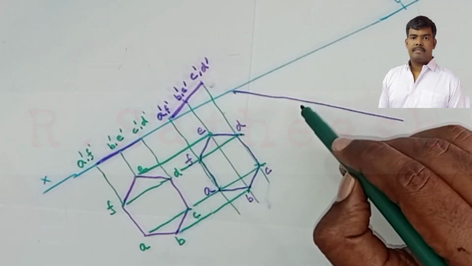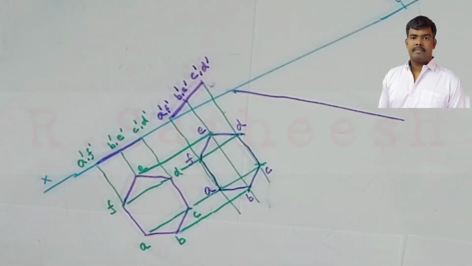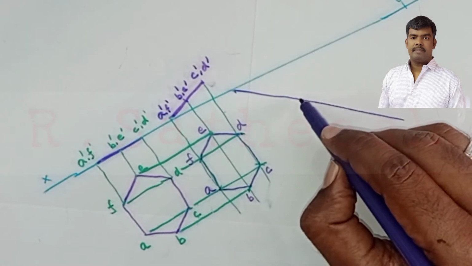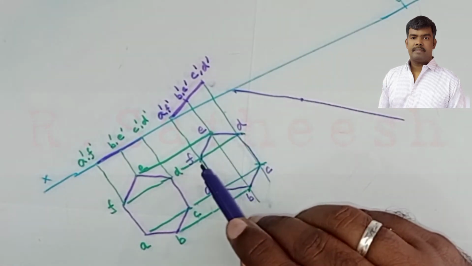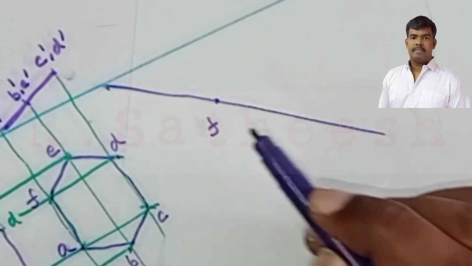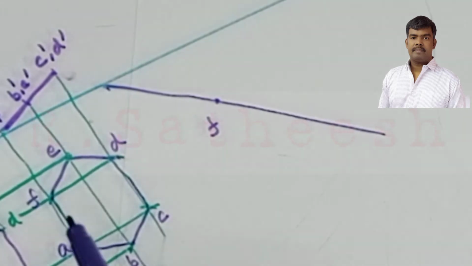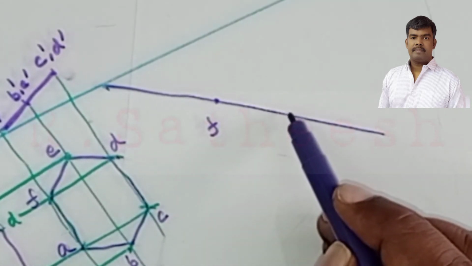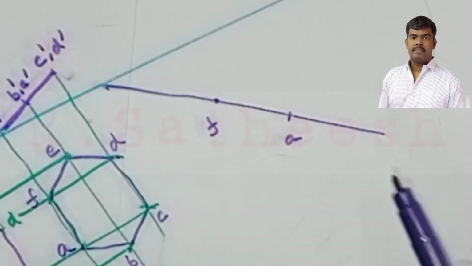You select some distance anywhere, without crossing over the XY reference. For example, this F point I consider here. F to A, how much distance? Definitely 20. F to A is 20.